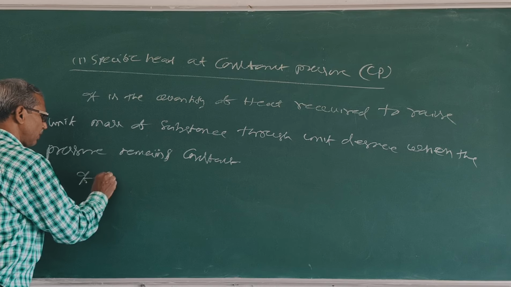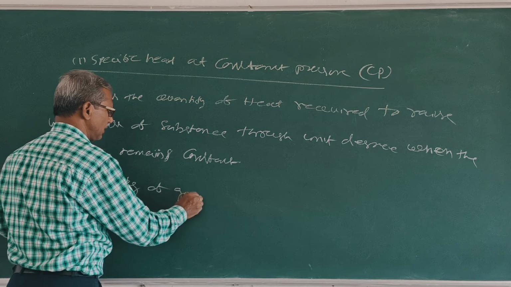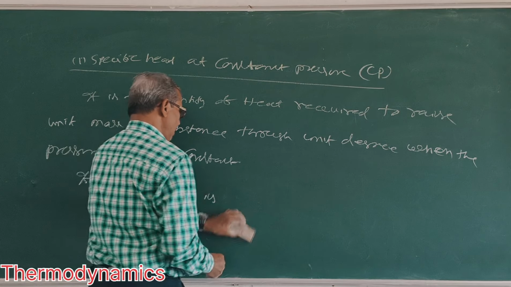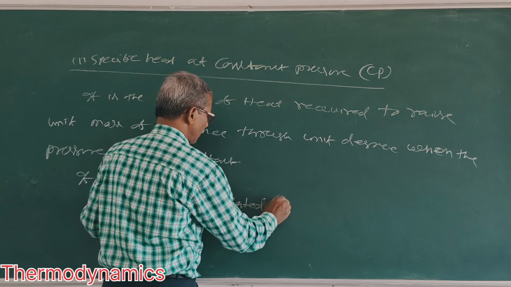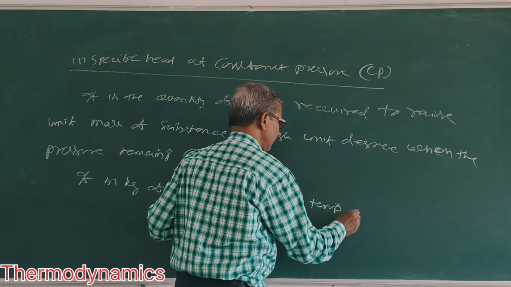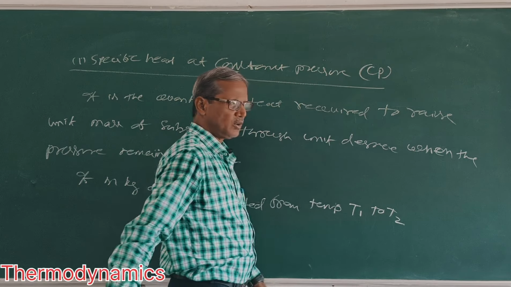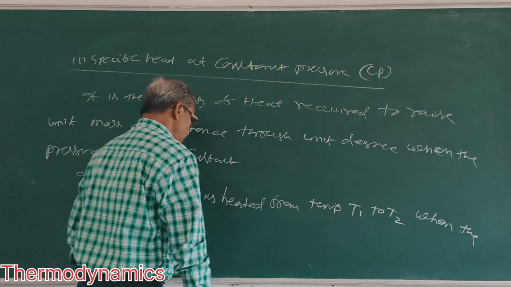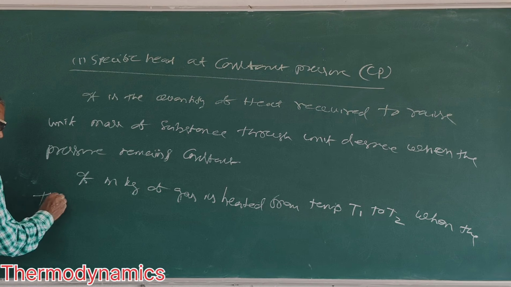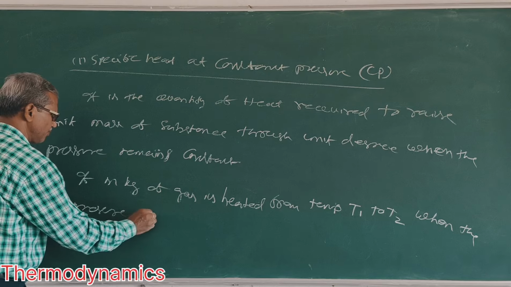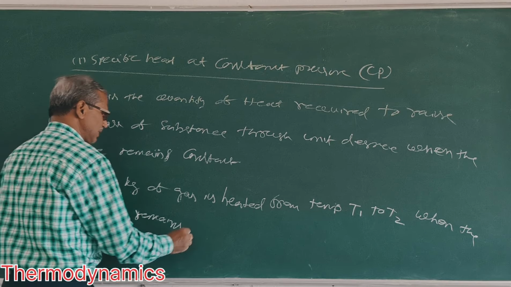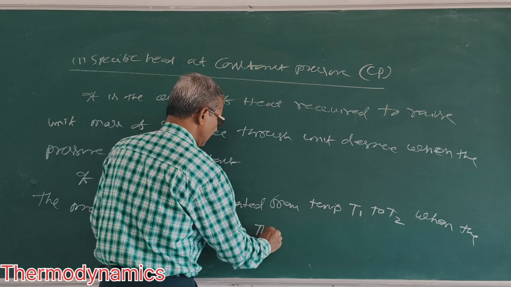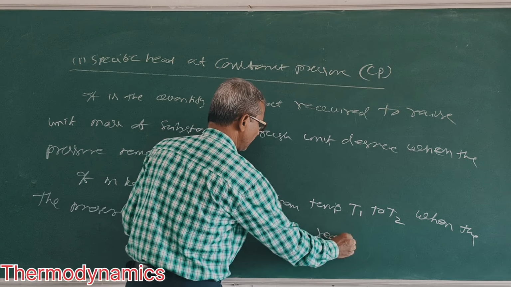If m kg of gas is heated from temperature T1 to T2, when the pressure remains constant, then the heat required, what is Q?